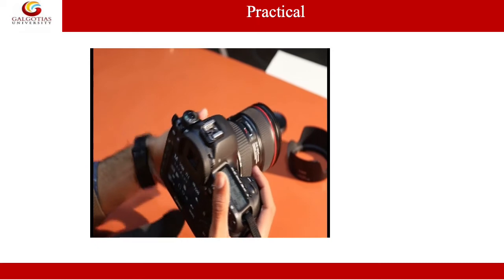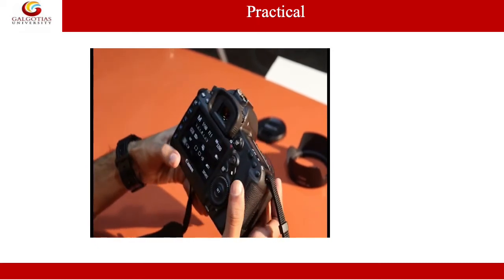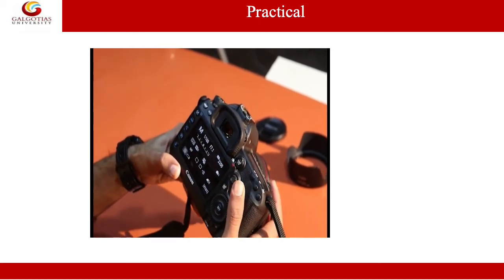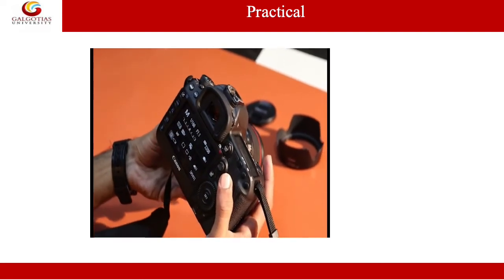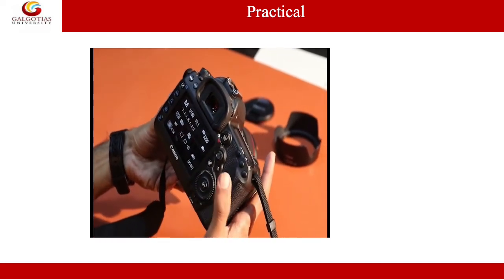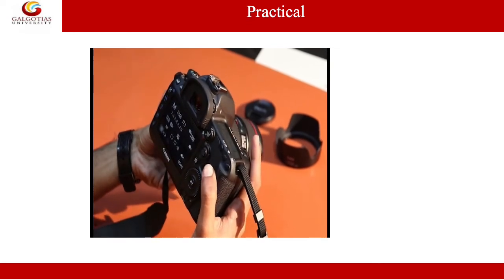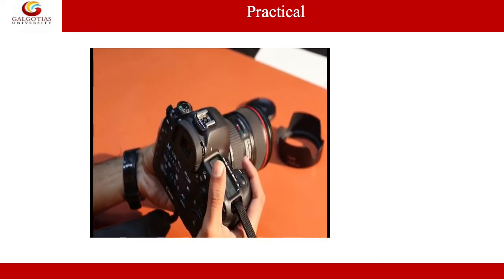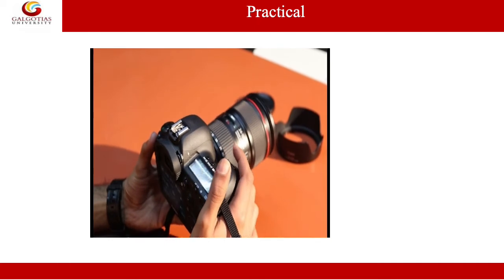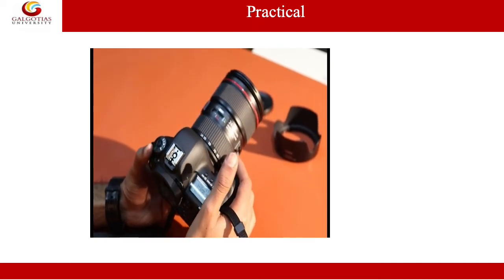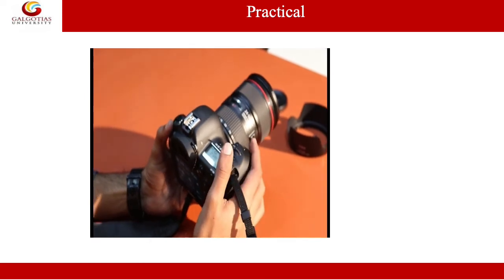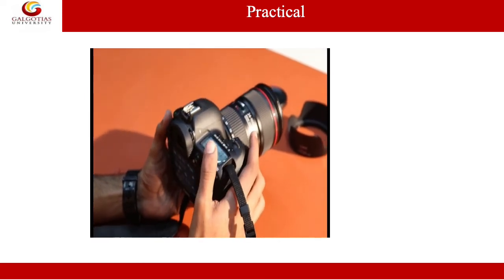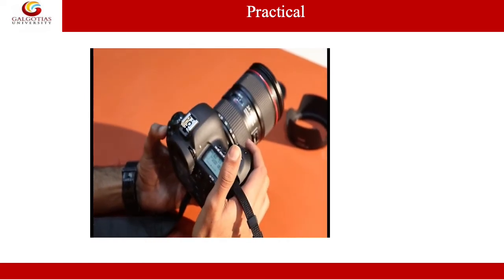So these are the three main things which you need to know about while handling a DSLR to have manual control on your photographs and the lighting setup you need. So this is all in today's session. We learned about the different modes and how to set our different exposure functionalities in this DSLR.